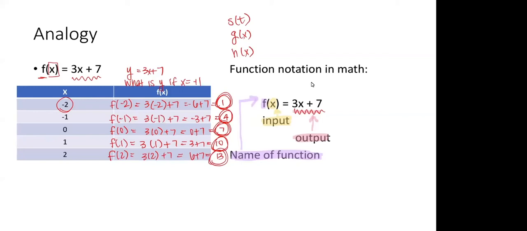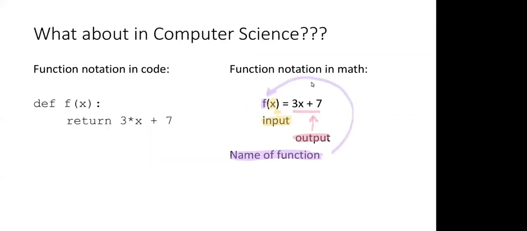Functions are also prevalent in computer science when you code. So if we take a look at an example, we could see an actual function in computer science. When we write a function in computer science, here we have a function name as well. So this represents the name of the function. We also have inputs.